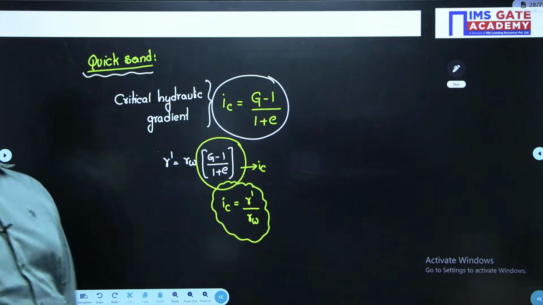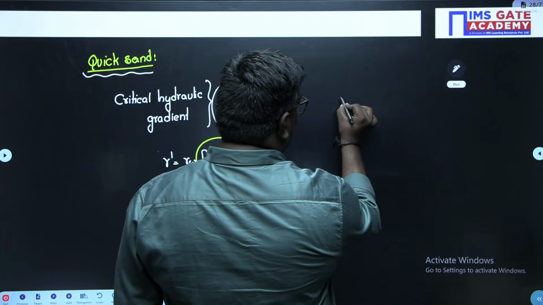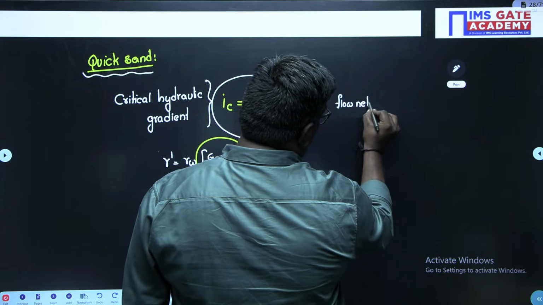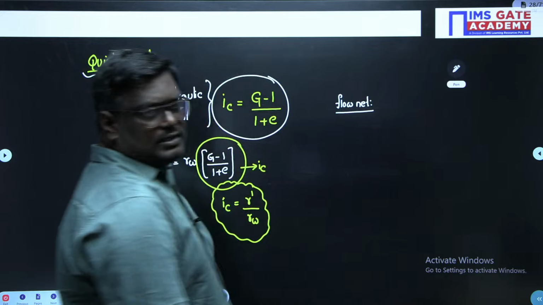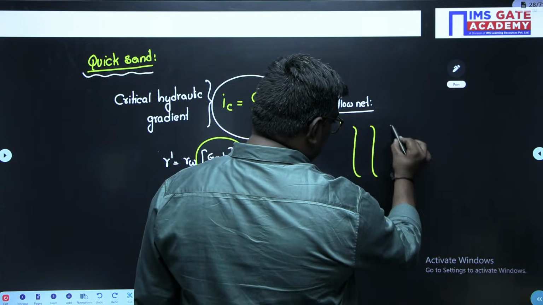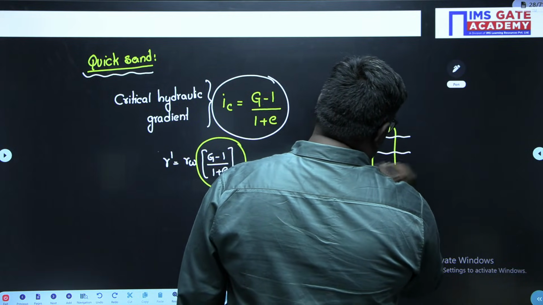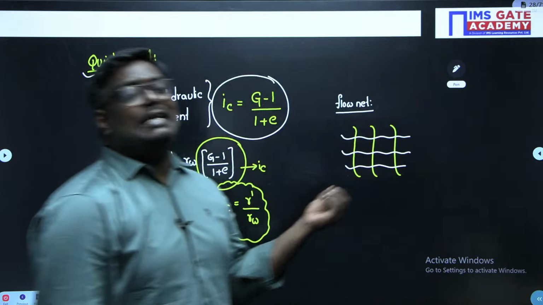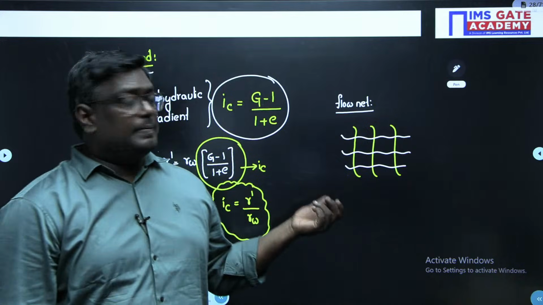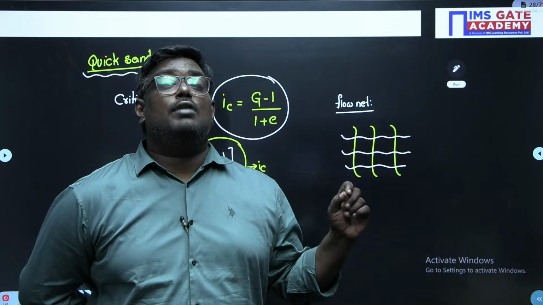Now remember, what is a flow net? It is a combination of streamlines and equipotential lines. A streamline is also known as a flow line. The equipotential line joins equal total head.